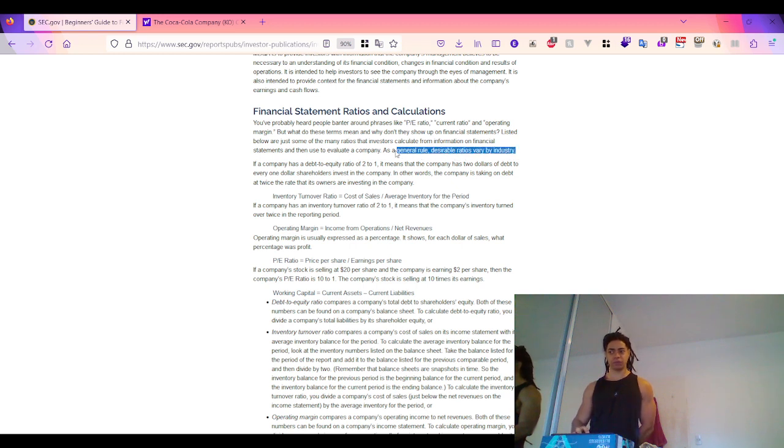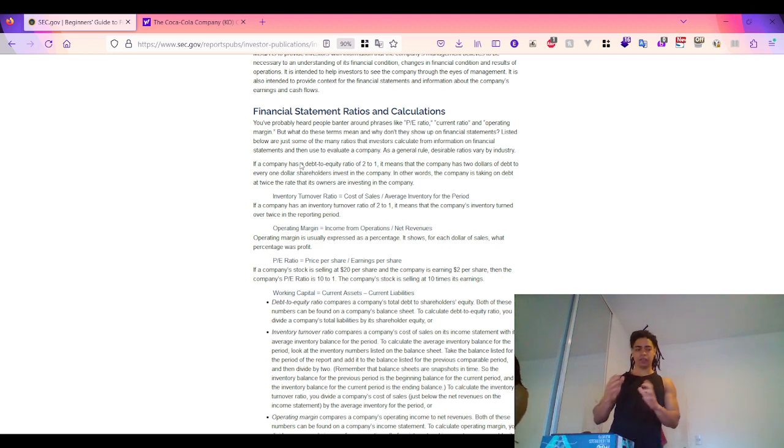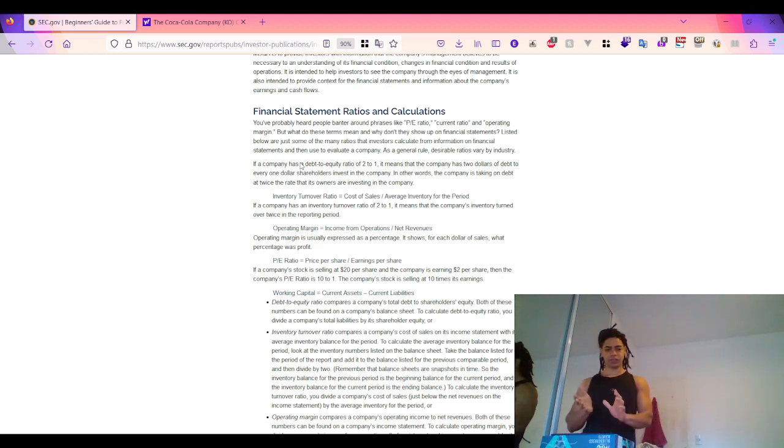Something very important. Industries such as energy, real estate, healthcare, retail, among others.